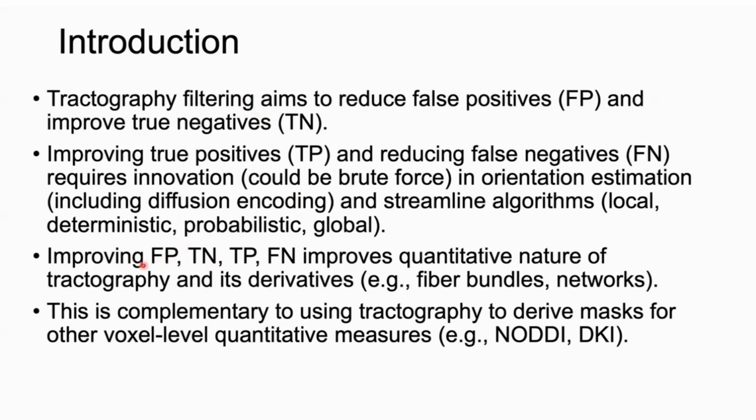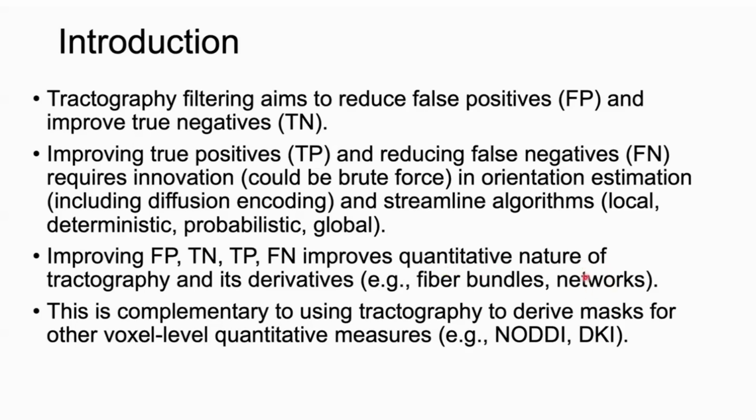Obviously, improving these measures improves the quantitative nature of tractography, because tractography has this reputation of producing pretty pictures, but not really giving meaningful biological measures. Improving these things makes progress towards improving the quantitative nature of the tractography outputs and its derivatives, like extracting specific pathways such as the uncinate fasciculus, cingulum, corpus callosum, or arcuate fasciculus.